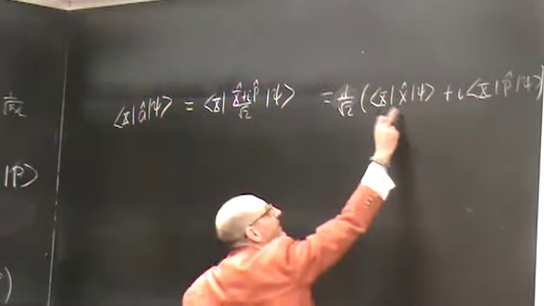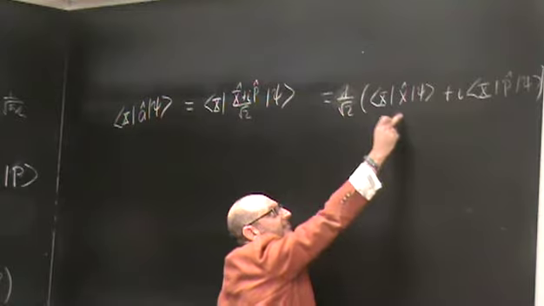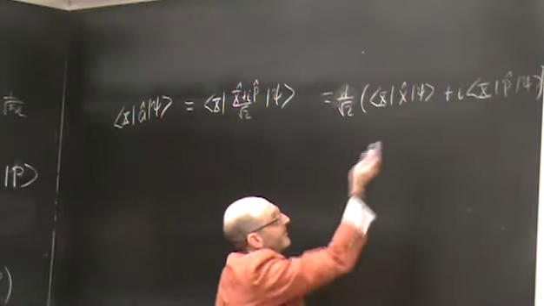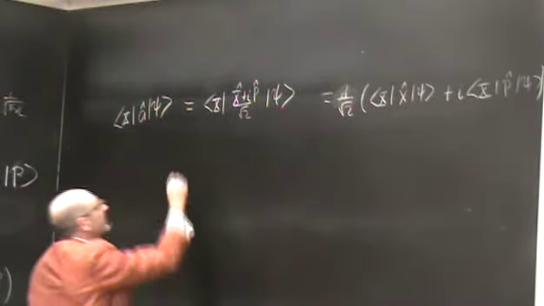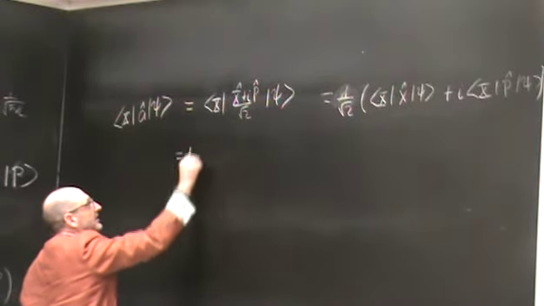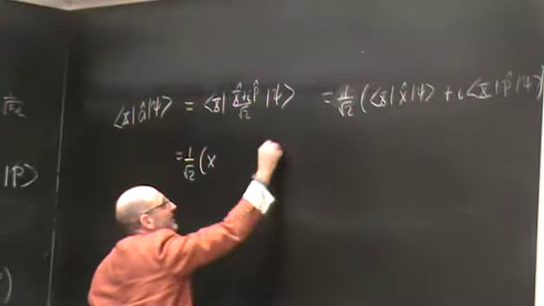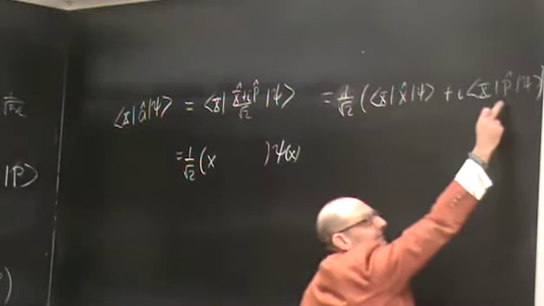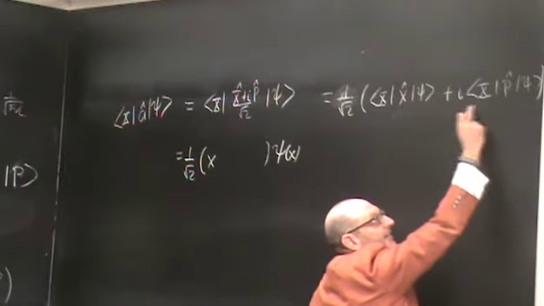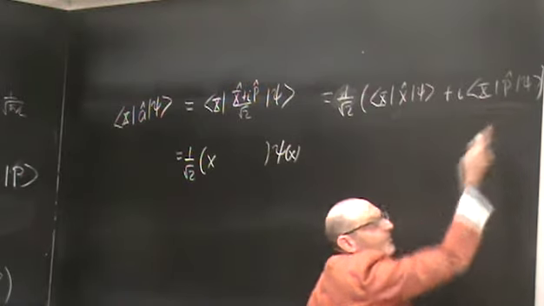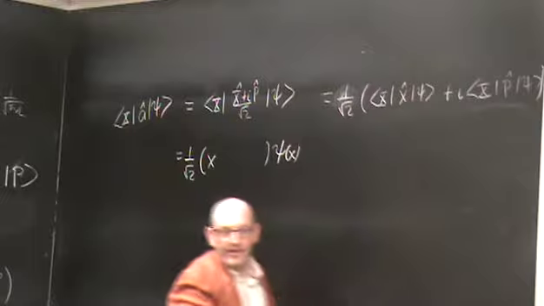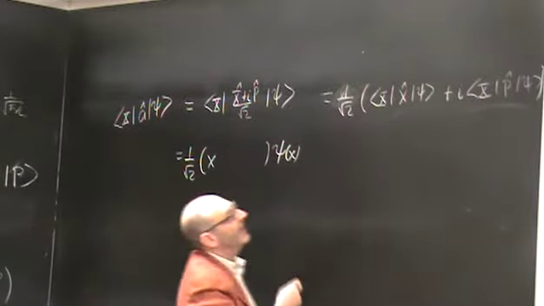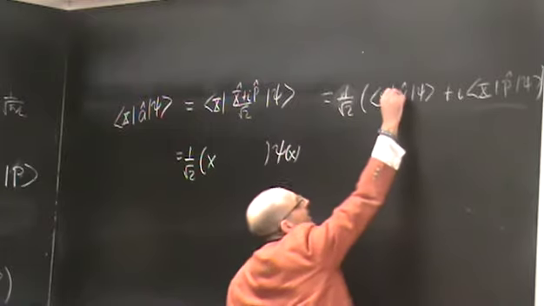What is this? It's x times the wave function, right? And what is this? It's the derivative. The momentum operator in position space is the derivative.